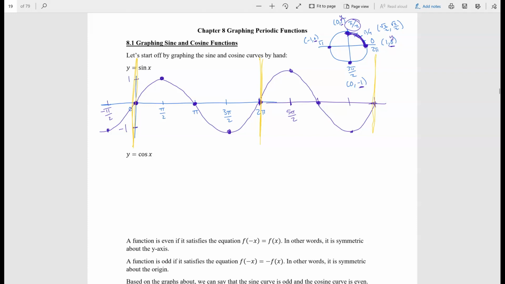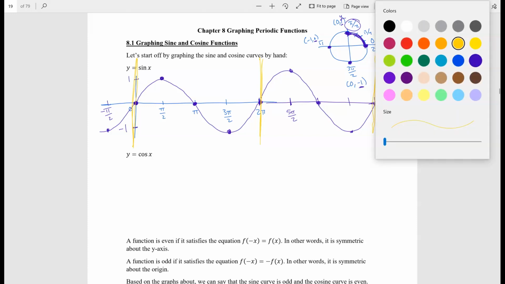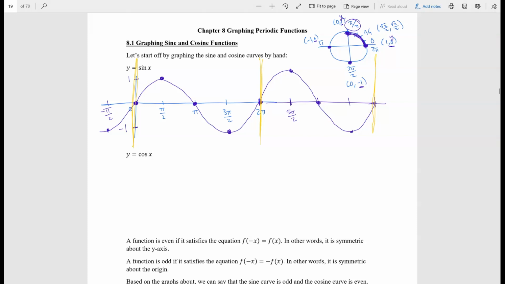So you have this wave. The one that we're really going to be worried about is just from 0 to 2 pi. This is the shape that you're having. So remember the shape. The sine curve starts at 0 and then it makes its little wave. So that's the sine curve.